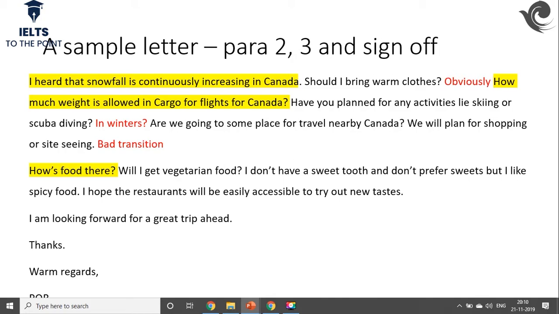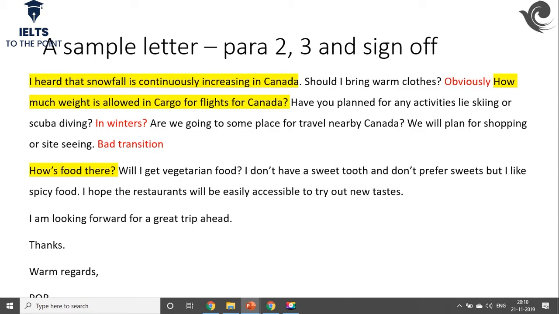How much weight is allowed in cargo for flights for Canada? Now, there can be two ways of interpreting this sentence. One is, by which flight are you coming? You people usually travel in passenger flights, not in cargo flights. Cargo flights normally carry the cargo.